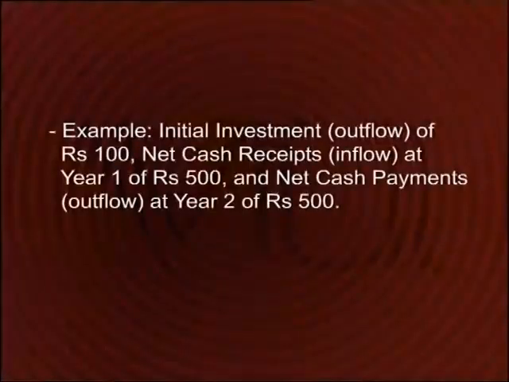Supposing that you have a particular investment opportunity. In that opportunity, you initially invest 100 rupees, and after 1 year, you will receive 500 rupees in the form of profit, cash profit, and after 2 years, you will lose 500 rupees in the form of a net cash loss.